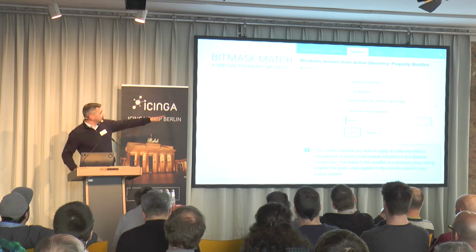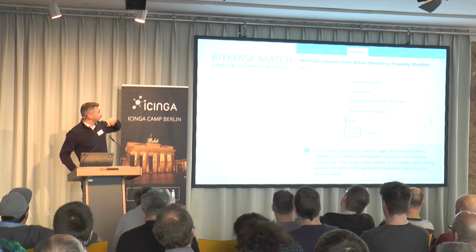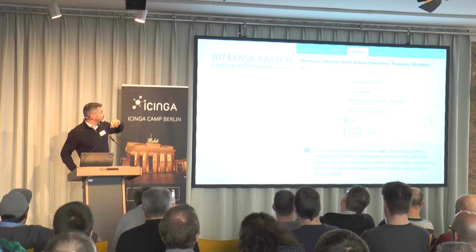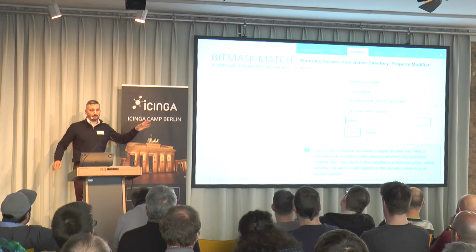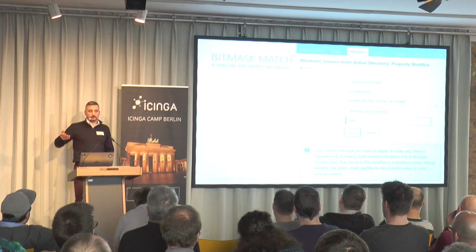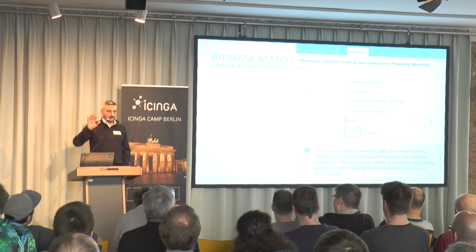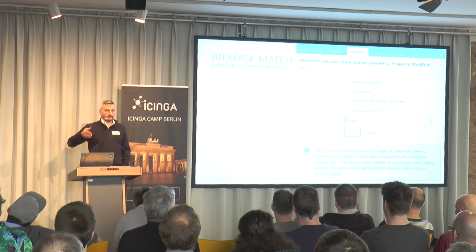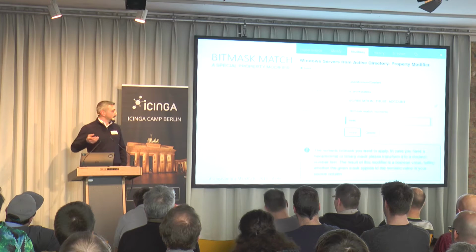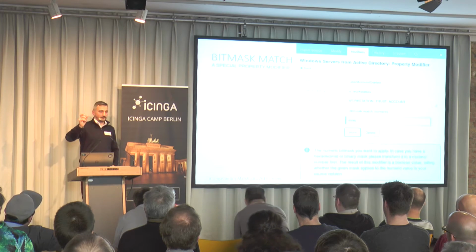Well, one example of how to get them. For example, there's a property user account control. Very helpful not only on hosts but also on users. This is a binary flag where they coded a lot of flags, like whether the account has been disabled. And it's not just checking the number.